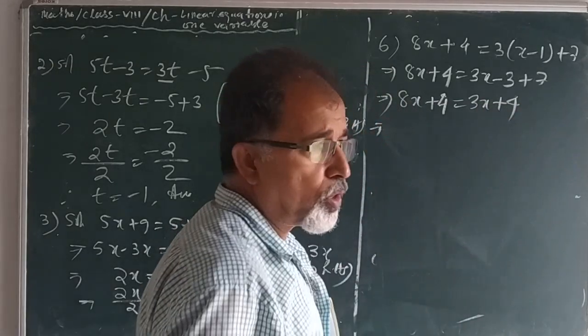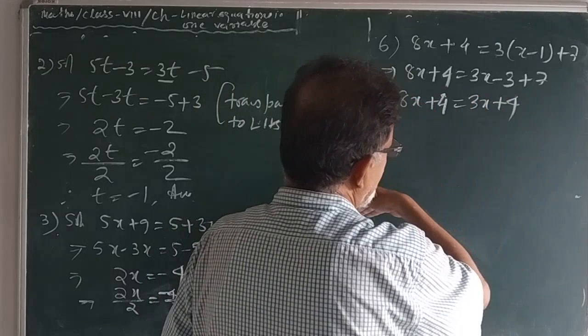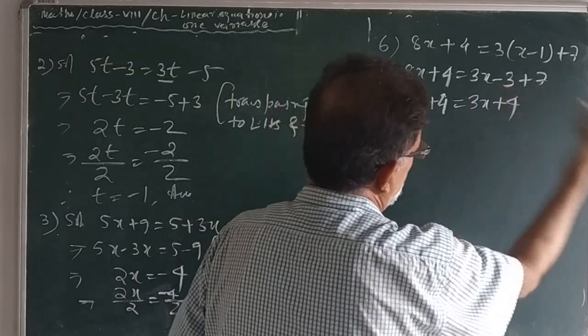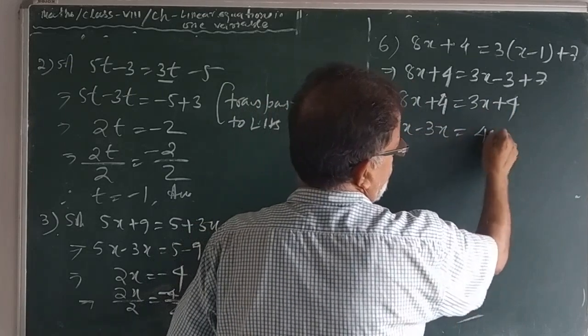Now transpose all variable terms from RHS to LHS and constant terms from LHS to RHS. 8x minus 3x and 4 minus 4.